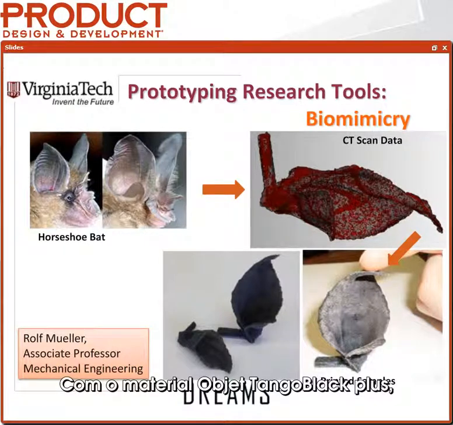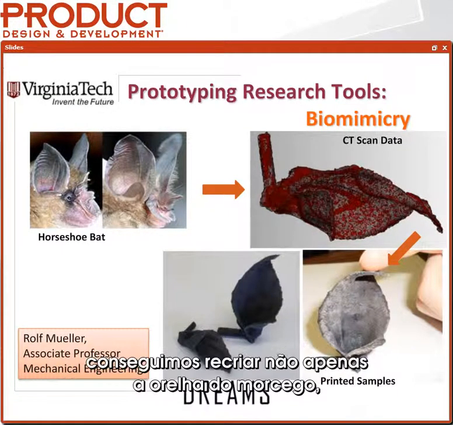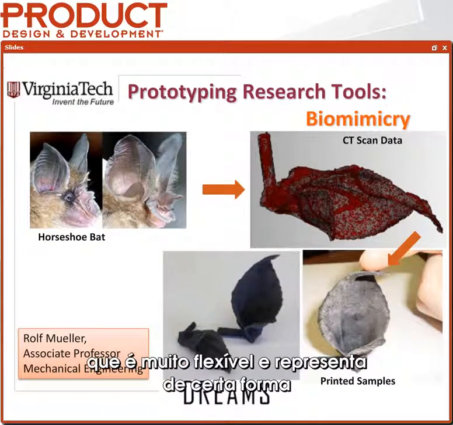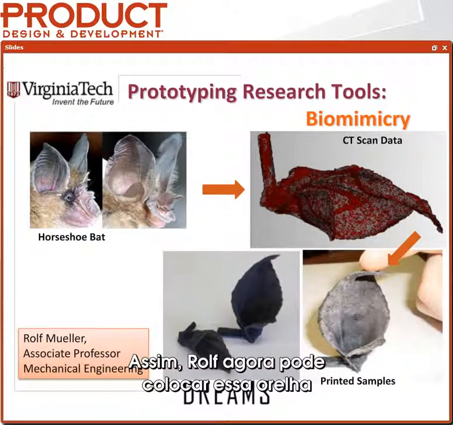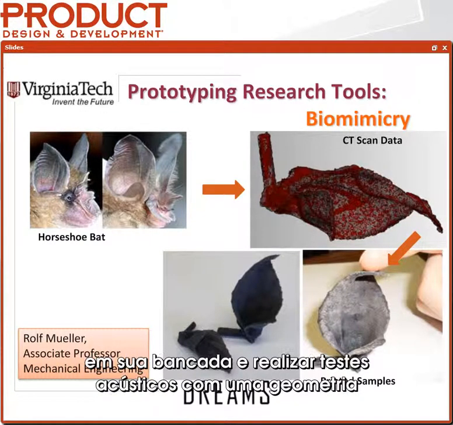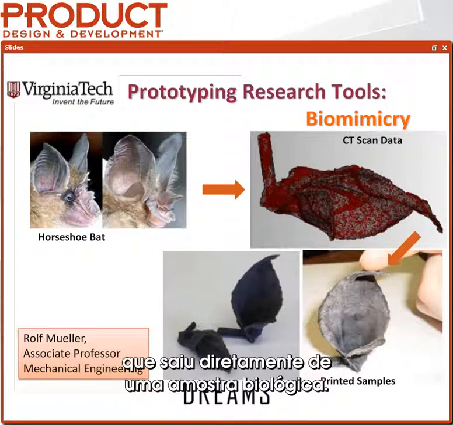With the Object Tango Black Plus material, we're able to recreate not only the bat ear, but actually out of a material that's very flexible and represents sort of what the bat's ear can look like. So Rolf is now able to put that ear onto his test stand and do acoustics testing with a geometry that comes straight out of a biological sample.